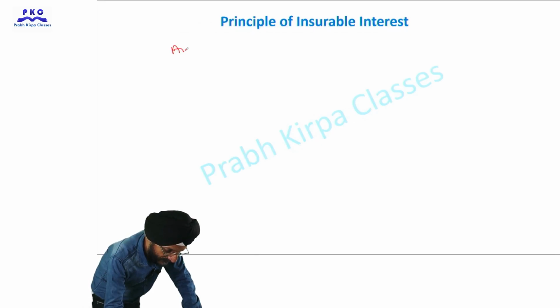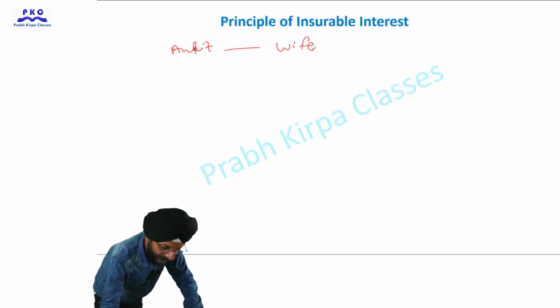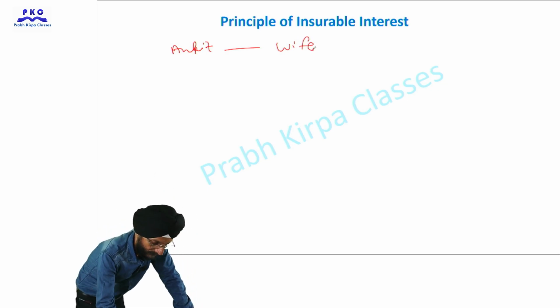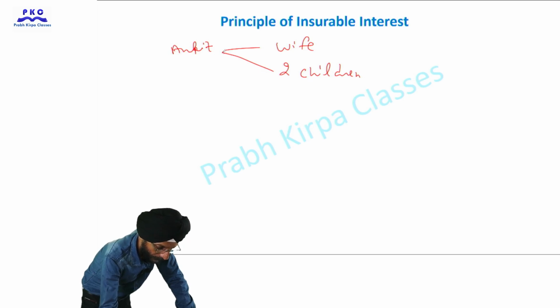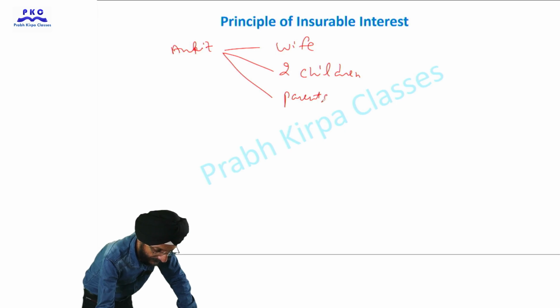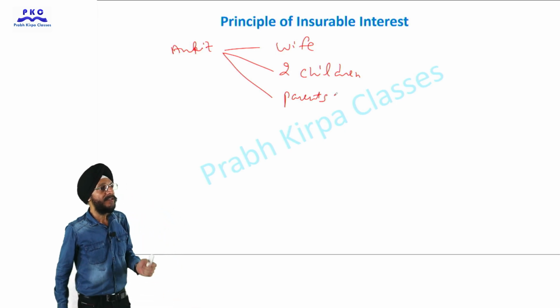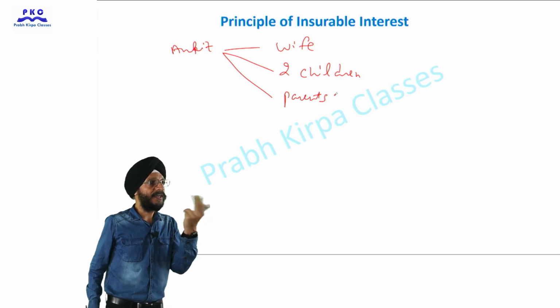Suppose there is a person, Ankit. He is married and has a wife. He has 2 children, and of course he has his parents, father and mother.